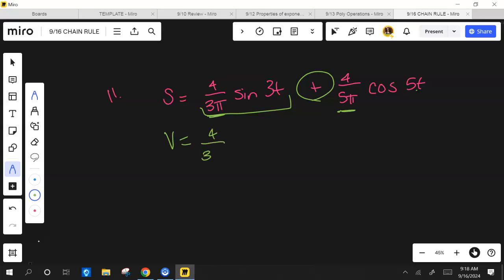Take the 4 over 3 pi out. What's the derivative of sine? Cosine. The 3t stays, though. When you do the trig, that argument stays. Then I chain it. Then I do times 3.